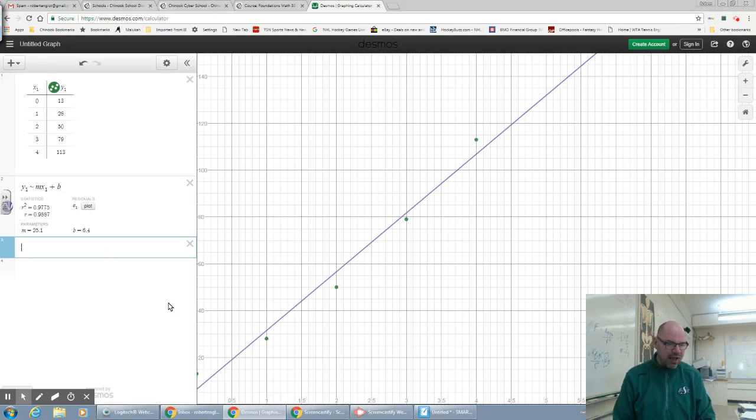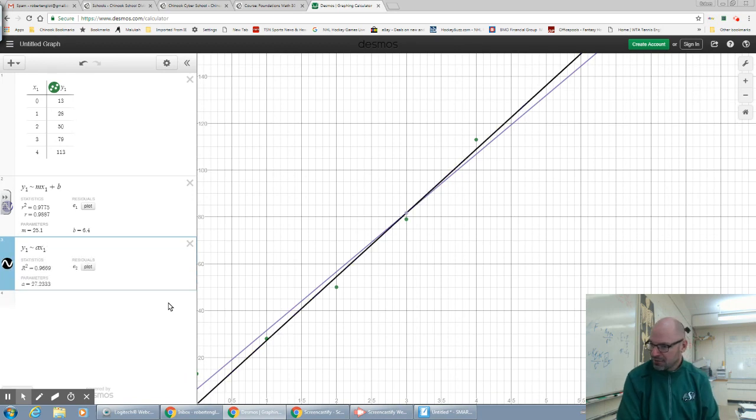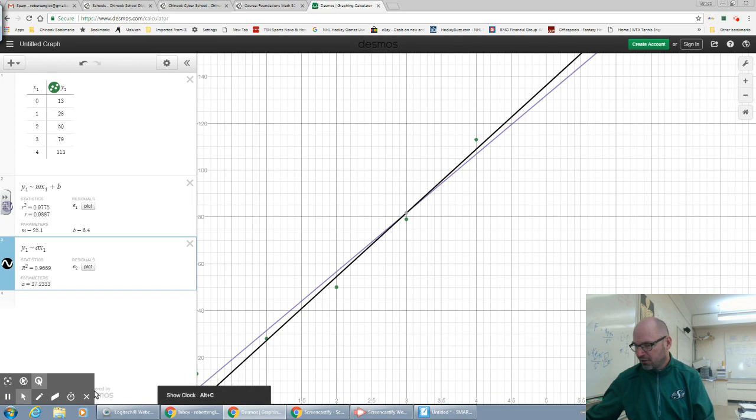If we do the quadratic regression function, remember that is y1 is approximately equal to... now, you have to use quadratic, so that's an x squared term. So you go a x1 squared. Okay, now how do you get the square in there? Well, you can bring the keyboard up here on the bottom.